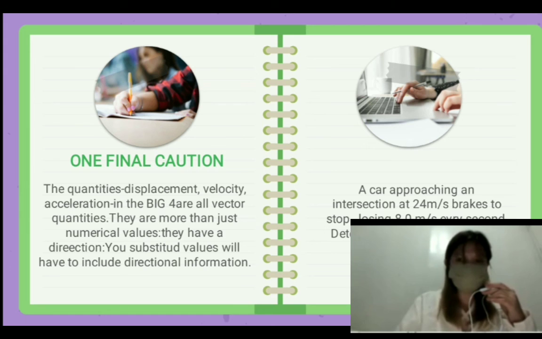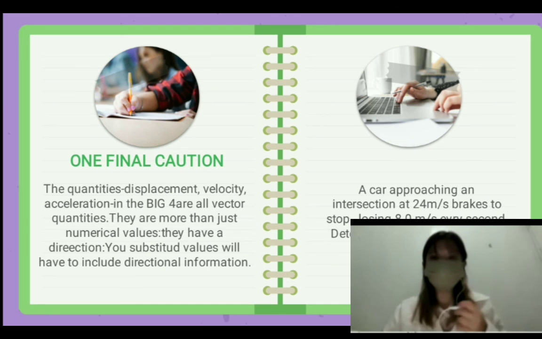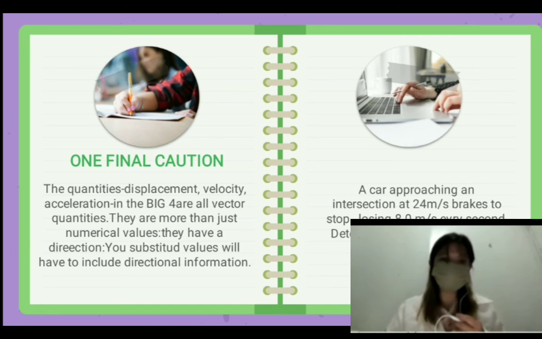So when I write down the known variable values, I'm going to have to be very careful because this acceleration value is negative 8 meters per second squared. So when I do this problem, it's important that I substitute in negative 8 for a when solving for my unknown distance.